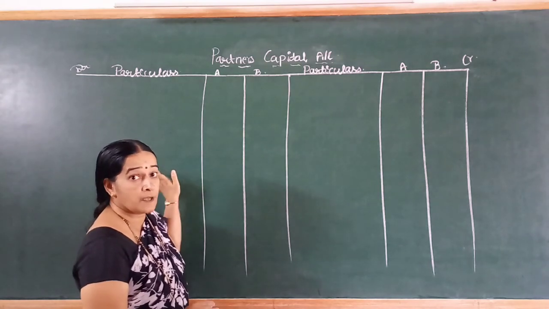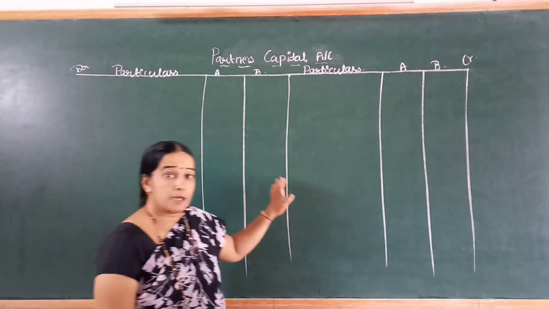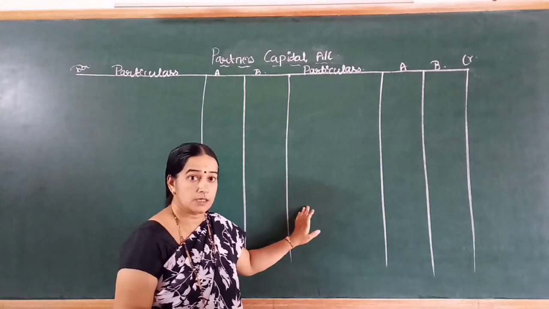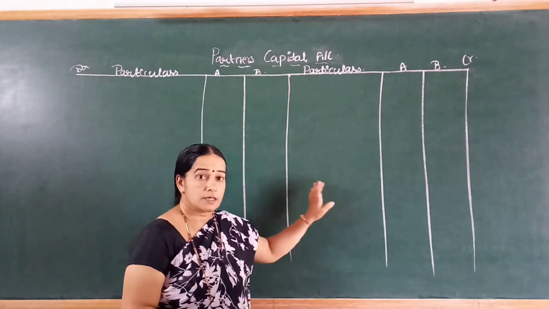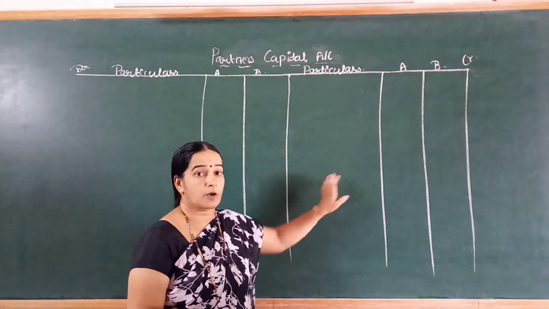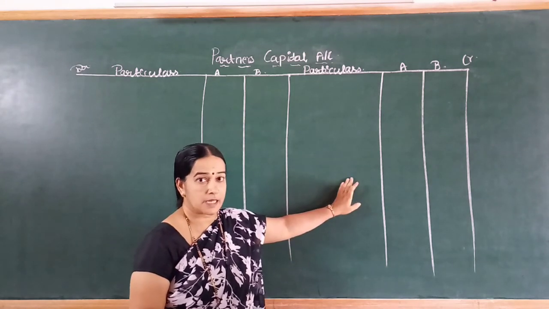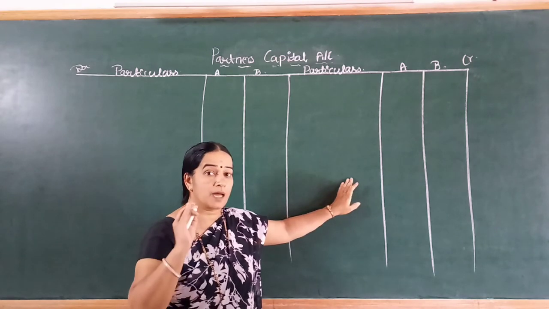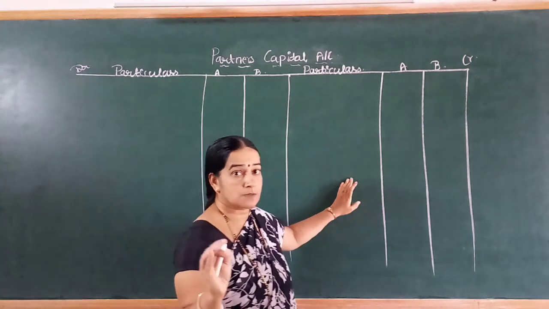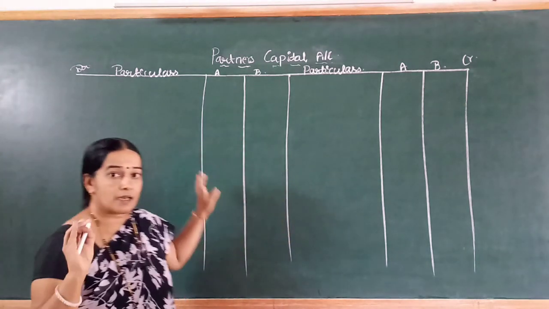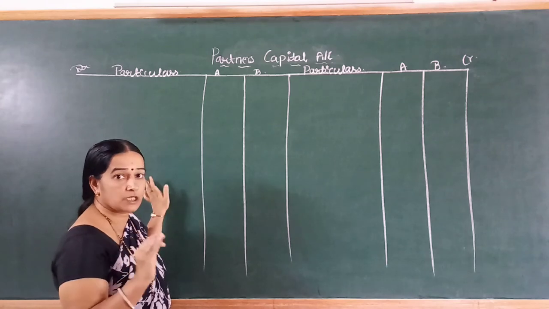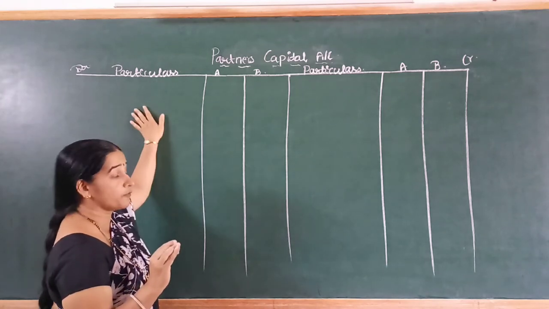That means if there are any profits or gains or incomes, those transactions will be recorded on the credit side. Because of income, what happens? The capital balance will be increased.